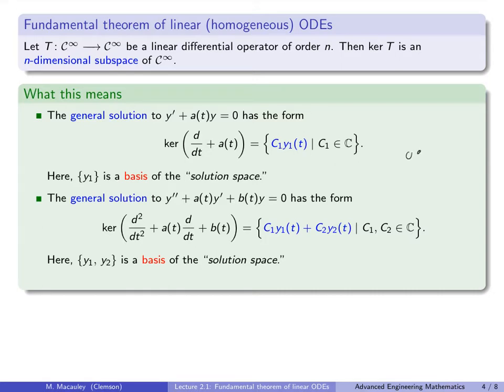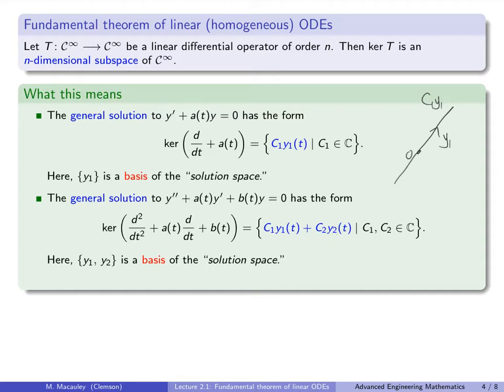So if this is a zero vector, or in this case zero function, then any non-zero y1 is going to be a basis for this one-dimensional space, because the set of all vectors on this line is just c1 times y1. So y1 is not unique, but it's unique up to scalar multiples.